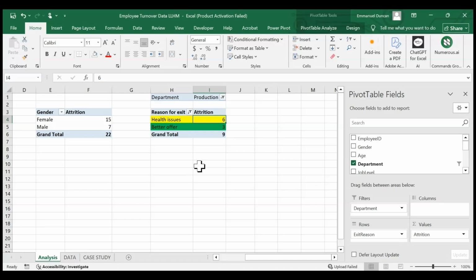With the production department, we have 9 employees, and 6 of them had their major concern on health issues. Then 3 moved for a better offer.